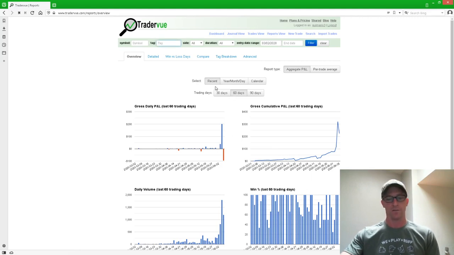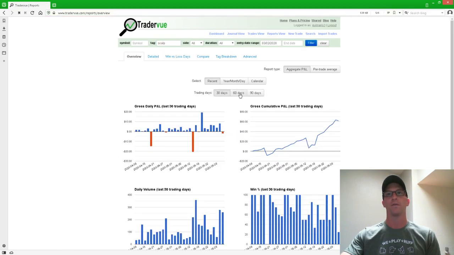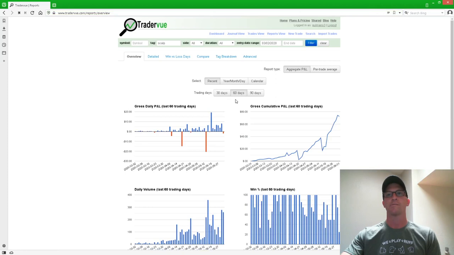I made $4 in there somewhere, but let's filter that by scalp. So this is my profit and loss curve with ThinkOrSwim. You can see in the beginning, I was making literally 30 cents or maybe $1 a day on good days.